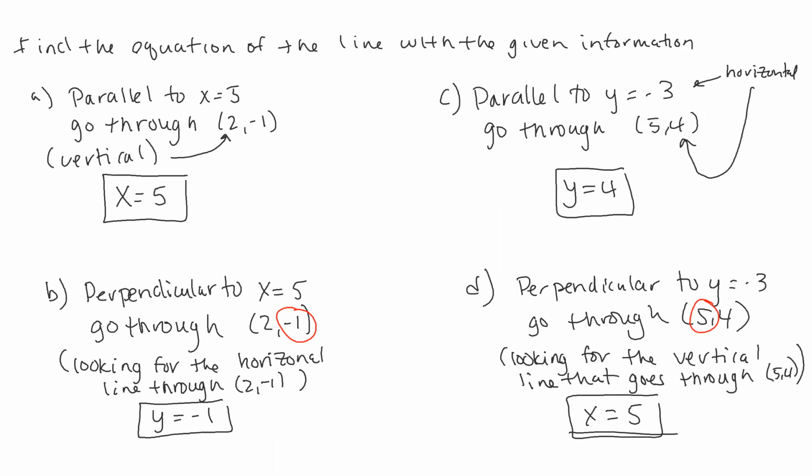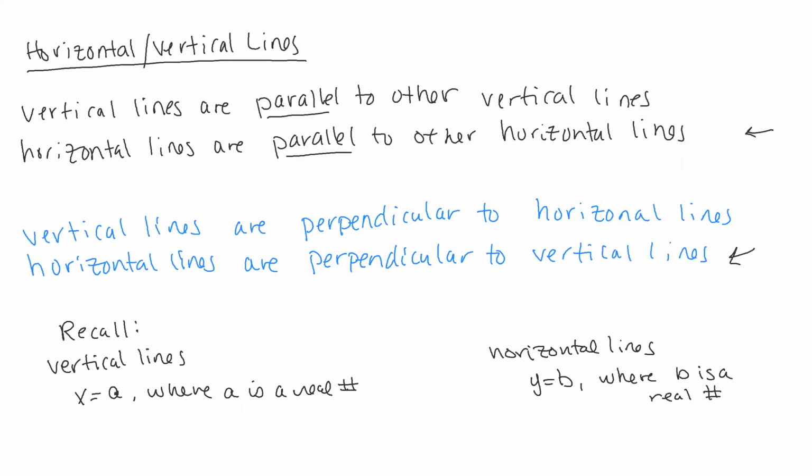And now you need to understand what parallel lines are as far as vertical. So, what is vertical parallel to? Well, other vertical. What is horizontal parallel to? Well, other horizontal. You also need to know how this works with perpendicular lines. What is vertical perpendicular to? Well, horizontal. That means that horizontal lines are also perpendicular to vertical lines, okay? So this slide right here, make sure this makes sense, okay?